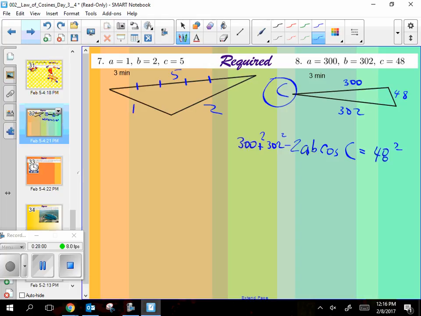It's not. C is just the angle that they gave you, or the angle you want to find. So when I'm done finding this one, I can say, okay, now I'm going to call this one C and do my formula for that. But the one you want to find has got to be C, or your formula doesn't work.